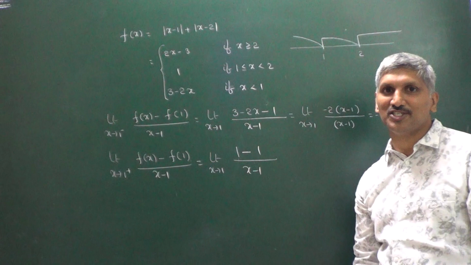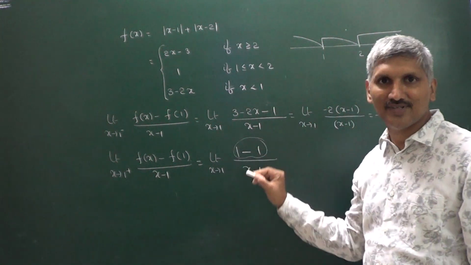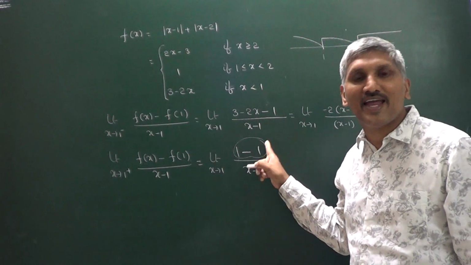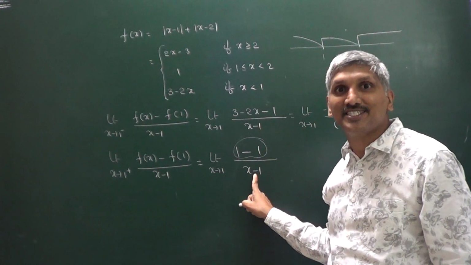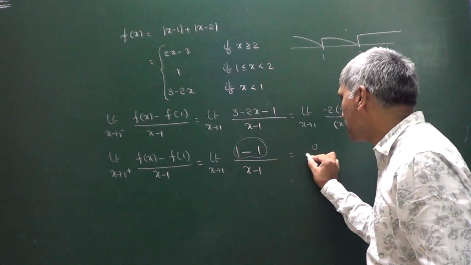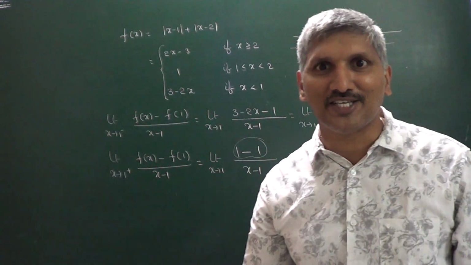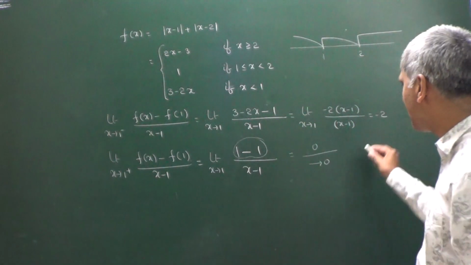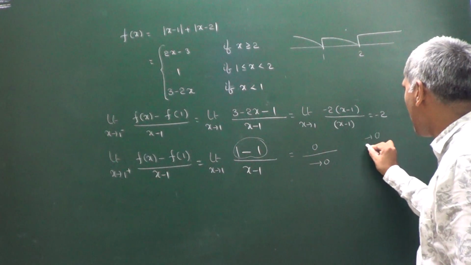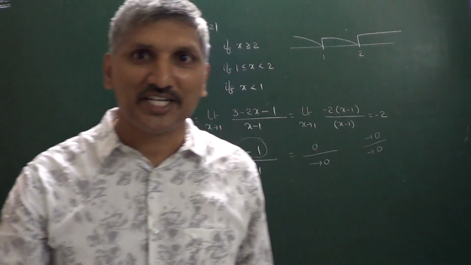Don't say it is 0 by 0. It is exactly 0 divided by tending to 0, because x is tending to 1. You can't say 0 by 0. 0 by 0 means tending to 0 by tending to 0; that only we call an indeterminate form.